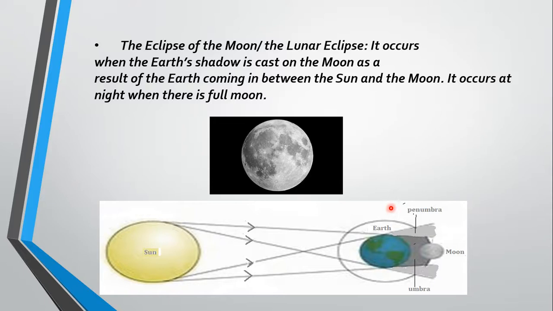We are saying that in eclipse of the moon, the Earth casts its shadow on the moon. Now, what happens here? All the people here, remember they are away from the sun. So they are in the night.